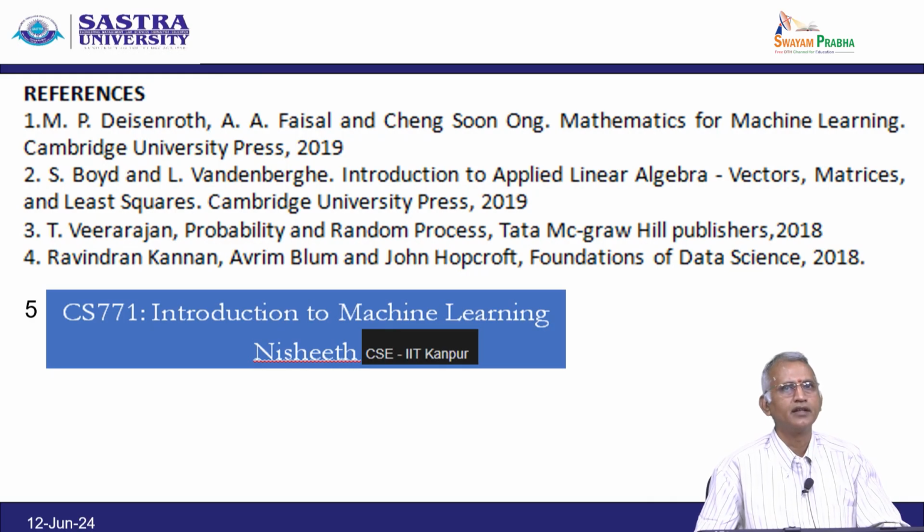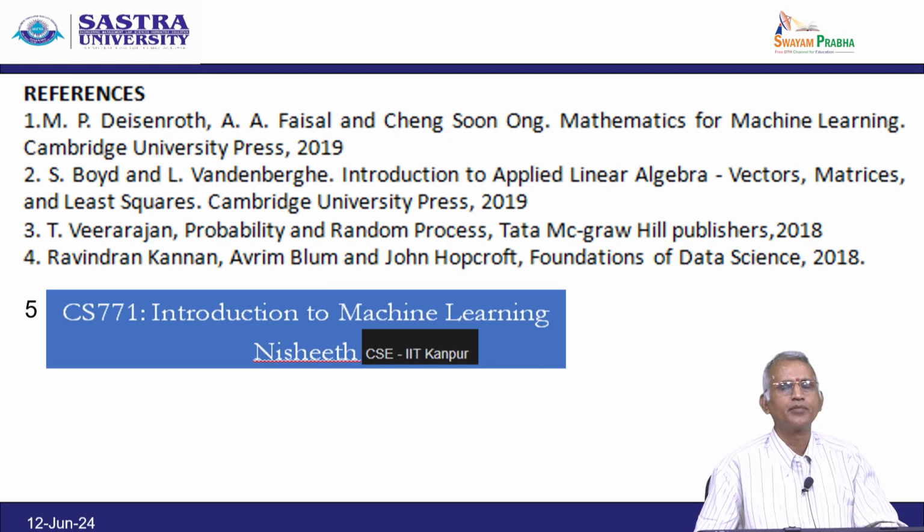One is Mathematics for Machine Learning, Cambridge University Press, written by Deisenroth, Faisal and Ong. Another book is Introduction to Applied Linear Algebra by Boyd and Vandenberghe, published by Cambridge University Press.